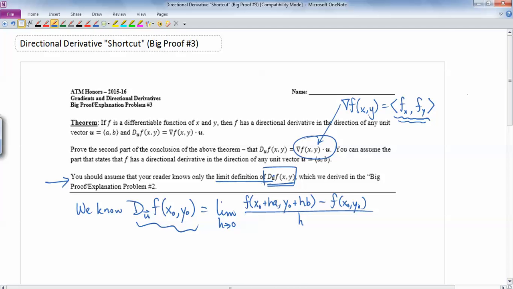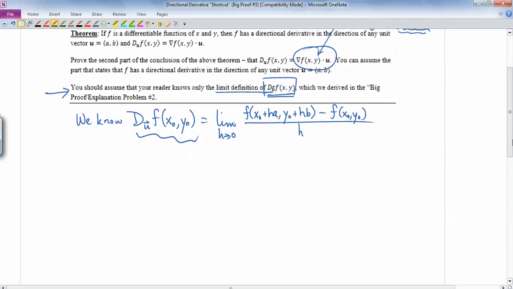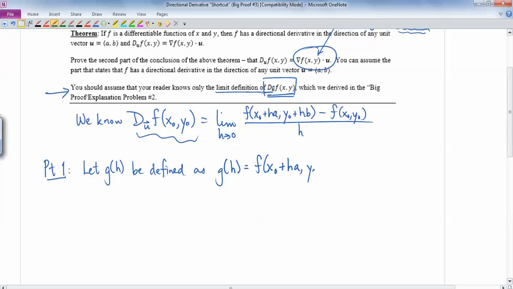So there are two parts to this proof. So part one is to create a new function, let g of h be defined as g of h equals f of x naught plus ha, y naught plus hb.